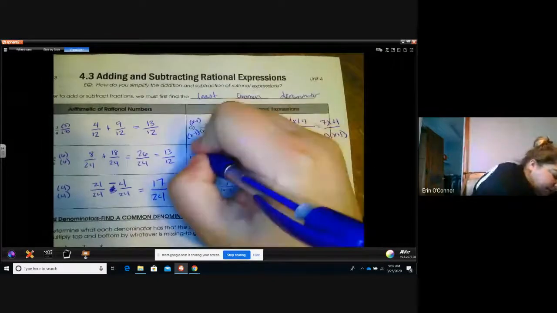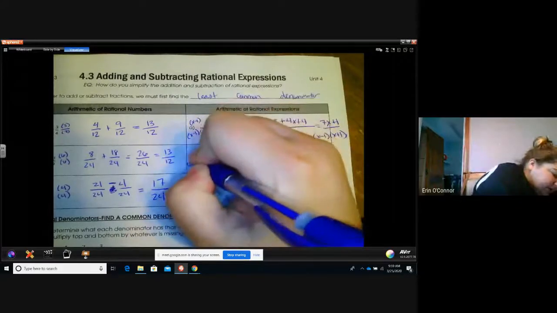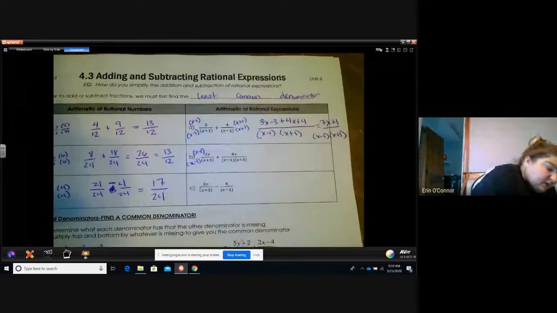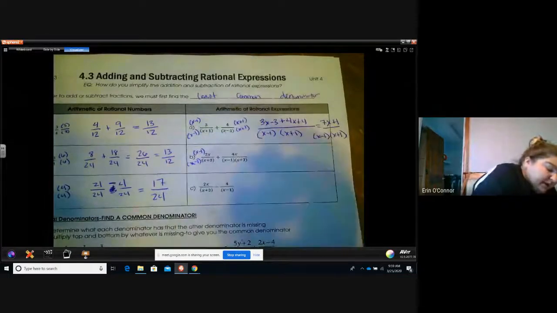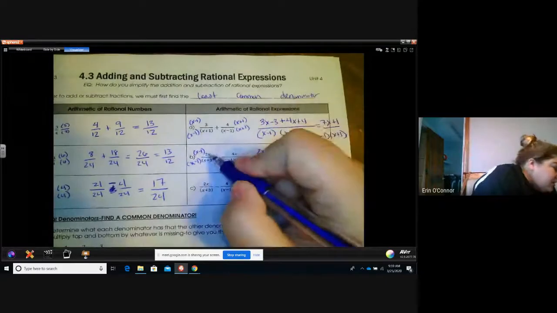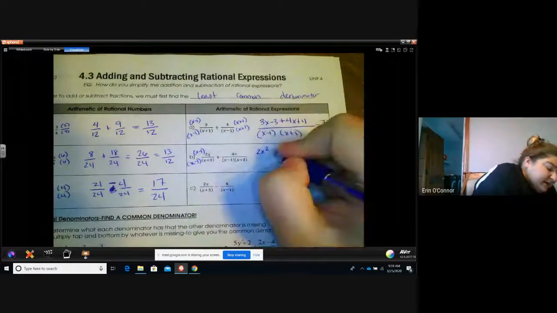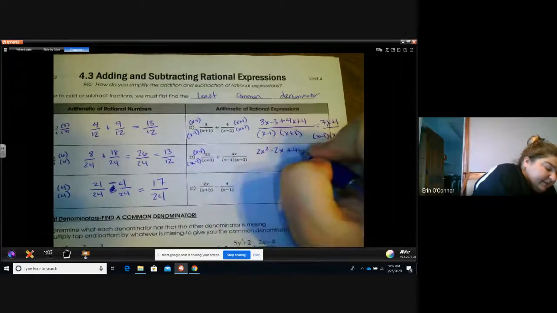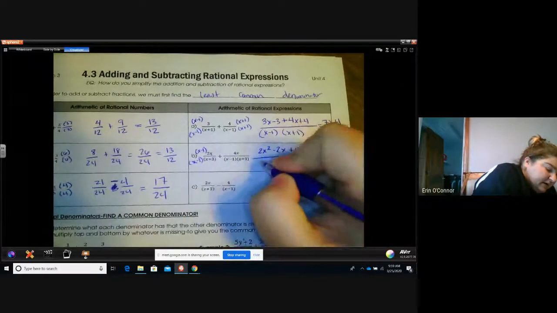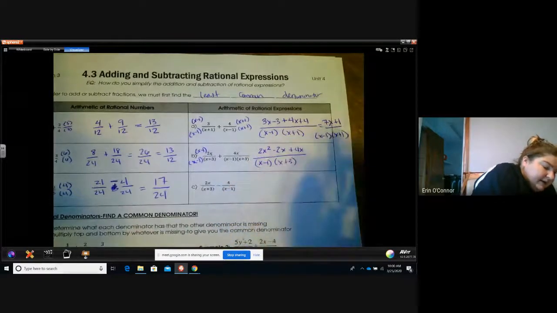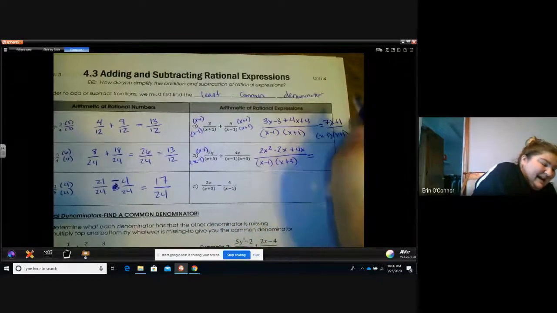So I need to multiply the left one by x minus 1 to make sure we have common denominators. So we're going to have 2x times x gives me 2x squared. 2x times negative 1 is minus 2x. And then we're adding 4x all over x minus 1 times x plus 3. Combine like terms.